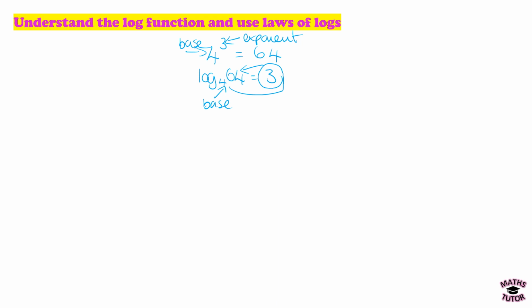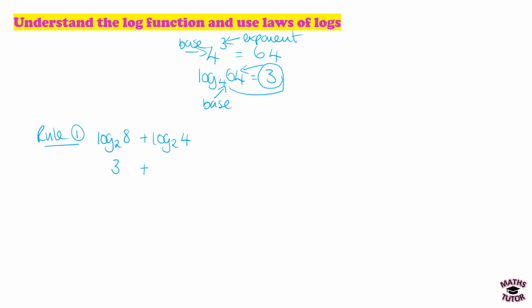Now, there are 3 rules that you need to learn backwards and forwards, and I'm going to explain them in terms of base 2. So if I've got log to base 2 of 8 plus log to base 2 of 4, log to base 2 of 8 is saying what power do I need to raise 2 to get to the 8. So that's just another way of saying the number 3, because 2 cubed is 8.